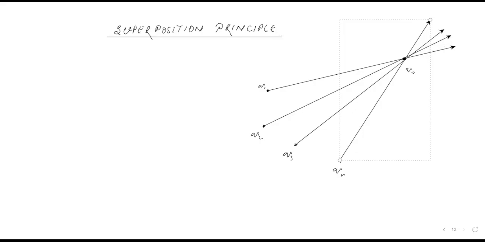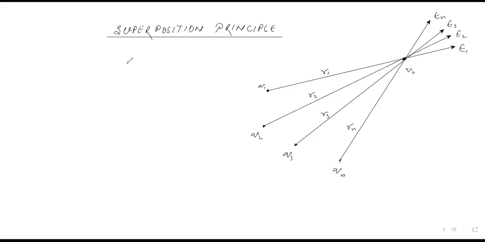This is your E1, this one is E2, E3, En. The separations between these are R1, R2, R3, and Rn.